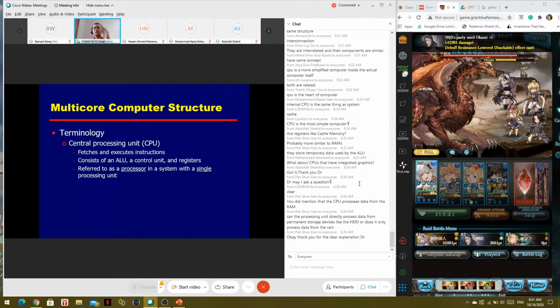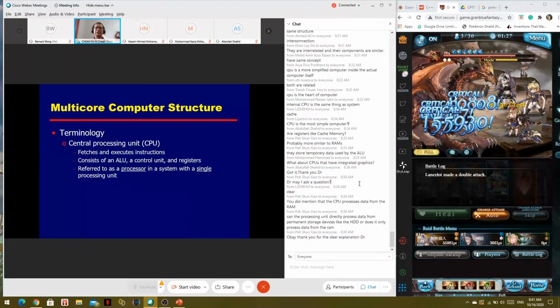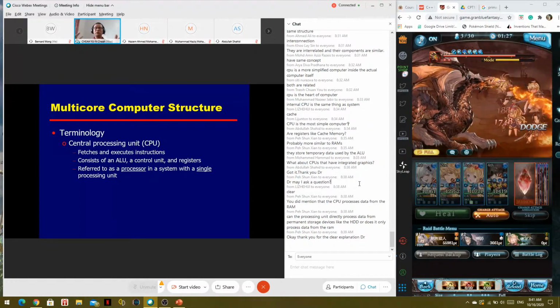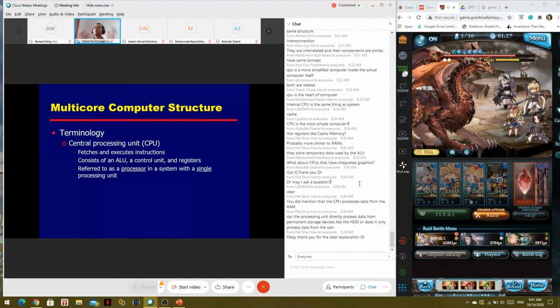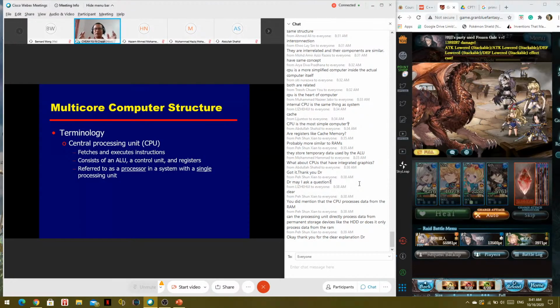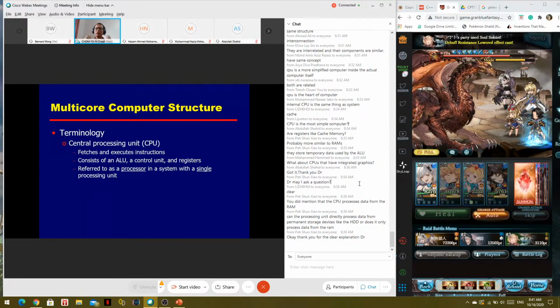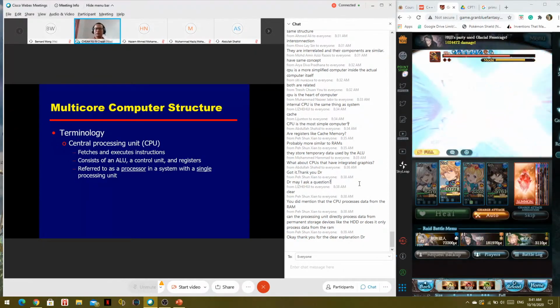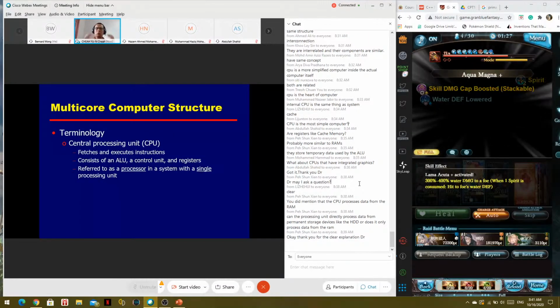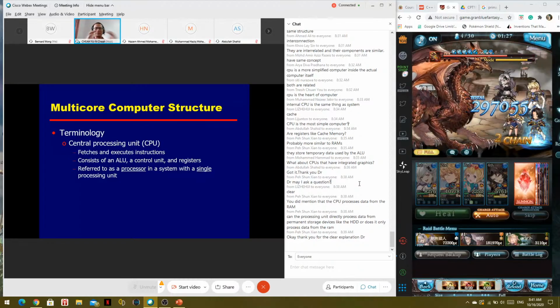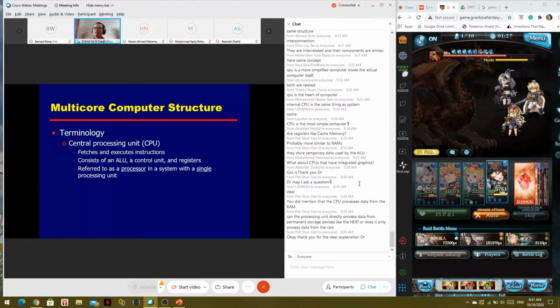What is the CPU? The CPU basically fetches and executes all the instructions. It is basically the processor, a processor with a single processing unit. For example, if your processor has only one processing unit or one ALU, that is the processor already, and that is the CPU also.